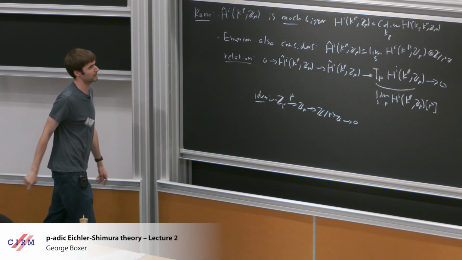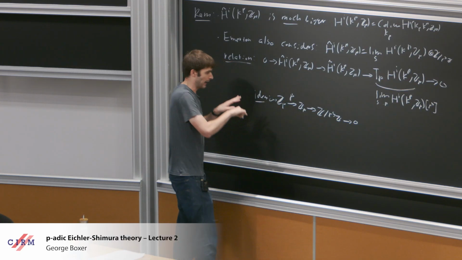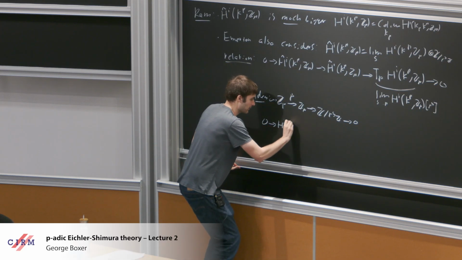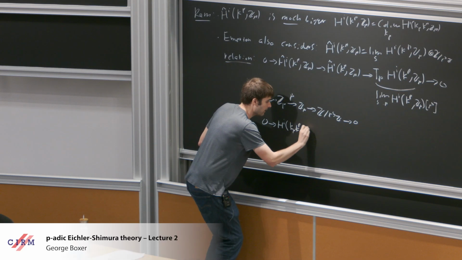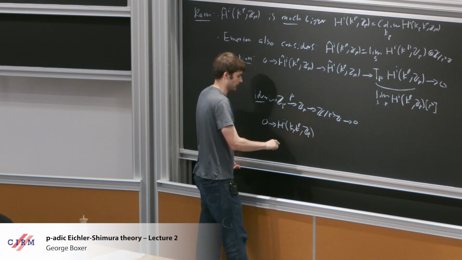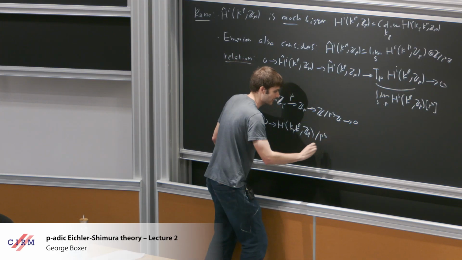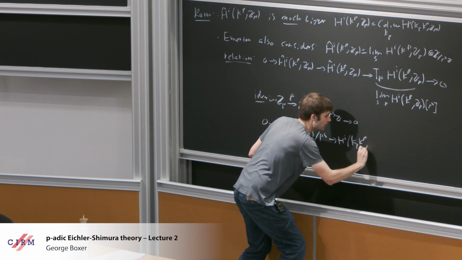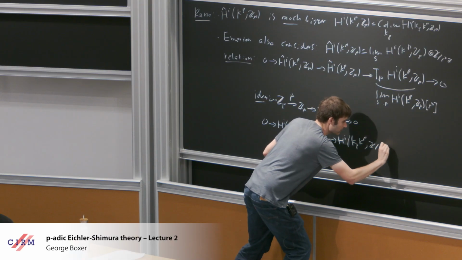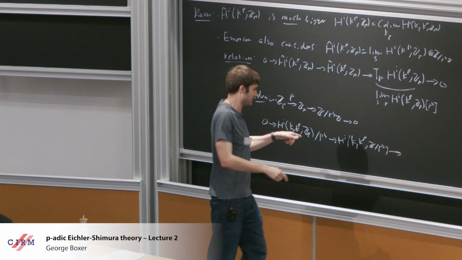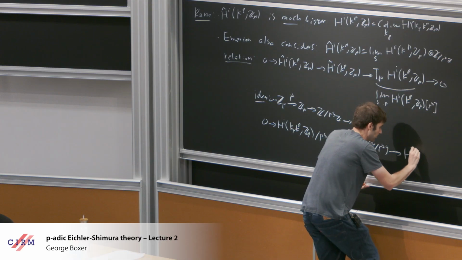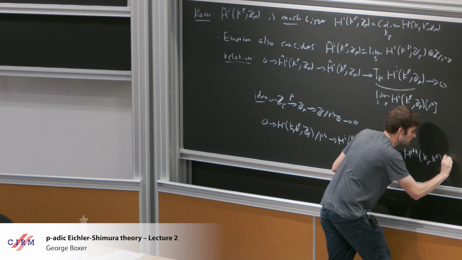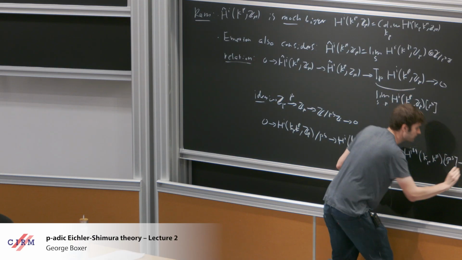You consider the long exact sequence of cohomology at finite level, and you split it up, as usual, into short exact sequences: the Z_p cohomology at finite level mod p^s going to the Z mod p^s cohomology, and then that goes to the p^s torsion in H^{i+1}.